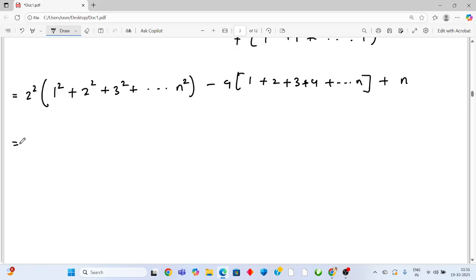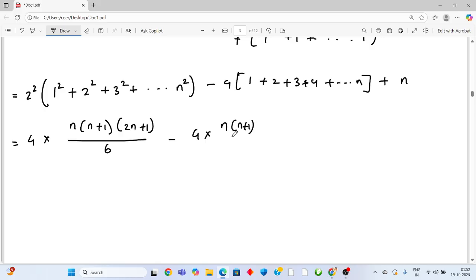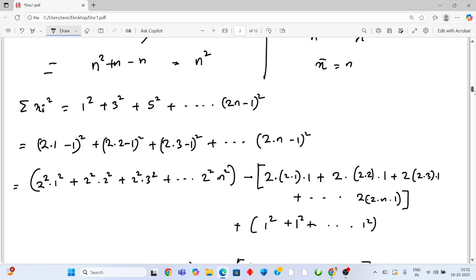So here the 2 square is 4, and we can use the formula n into n plus 1 into 2n plus 1 whole divided by 6, minus 4 into n plus 1 by 2 plus n, right? This is our summation xi square.